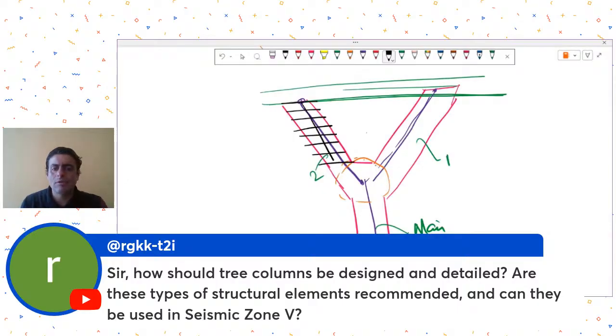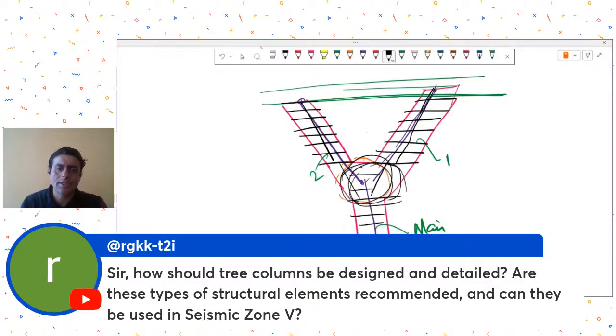In ETABS you have good wall element modeling options, very easy to use. You may accordingly model them as wall elements. From there you will get the proper stresses, moments, etc. at this junction. So in case of wall elements like this, the junction becomes important.